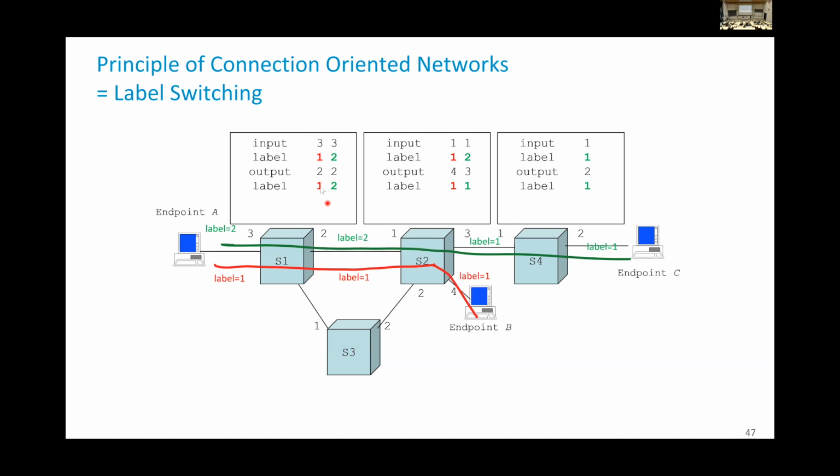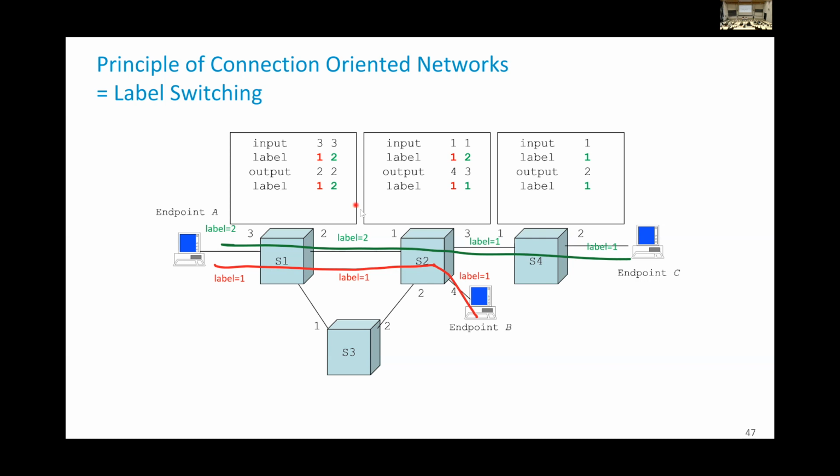This form is called a label switching entry. A label switching entry says that anything that comes in on input port number 3, with label 2 here, should go out on output port number 2 with possibly another label. Here the label is the same, but sometimes there are collisions and you need to change the label.